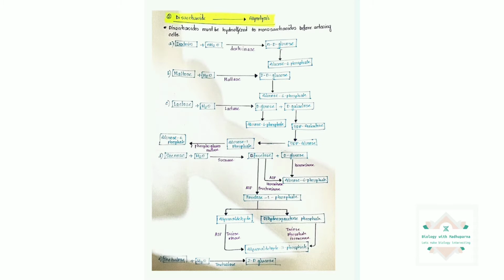So next we will be looking at how disaccharide molecules enter into the glycolysis pathway. So there are several disaccharide molecules, but we will be talking about only 5 molecules, and those are dextrin, maltose, lactose, sucrose and trehalose.